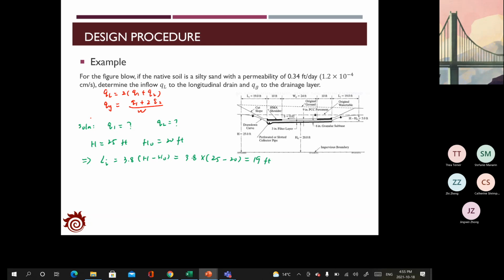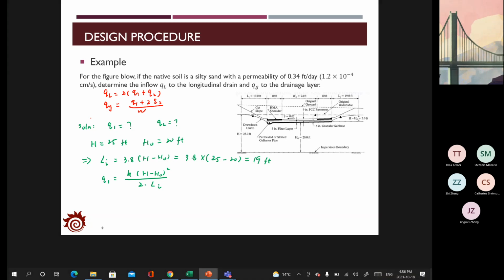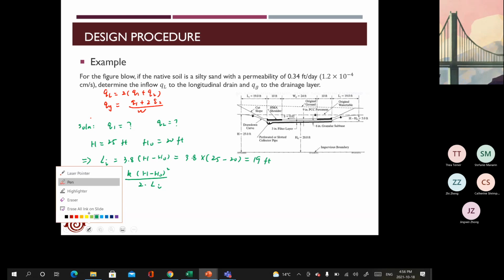And then the calculation of Q1 would be very simple. We have the well-defined equation to calculate Q1. Q1 equals K times (H minus H0) squared divided by 2 times Li. And here K is the permeability of the drainage layer, so we have the value of K of this natural soil as 0.34.